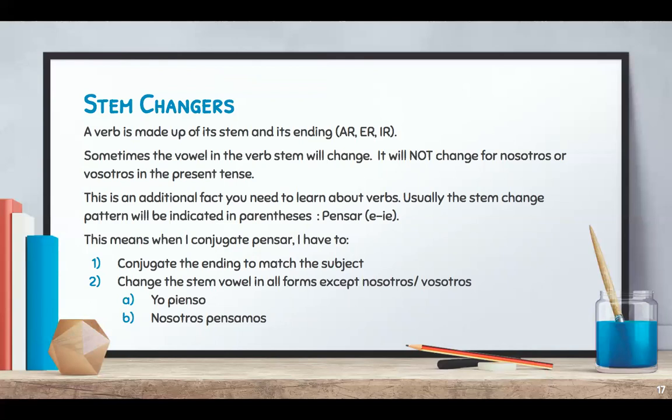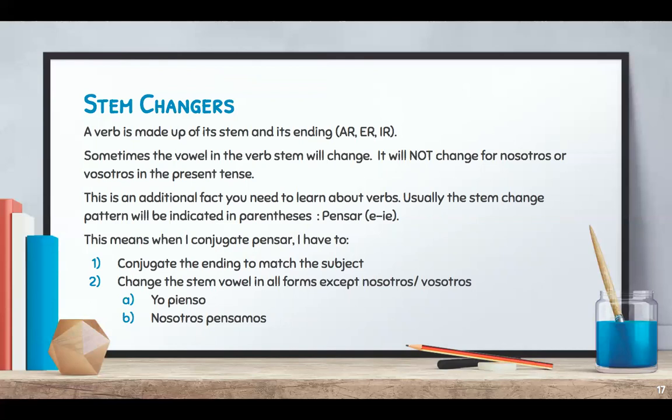So stem changing is an additional fact you need to learn about verbs. When you learn the meaning of a verb, you should be paying attention to whether it's a stem changer or not. Usually the stem change pattern will be indicated in parentheses, but eventually you just have to know that it's a stem changer.